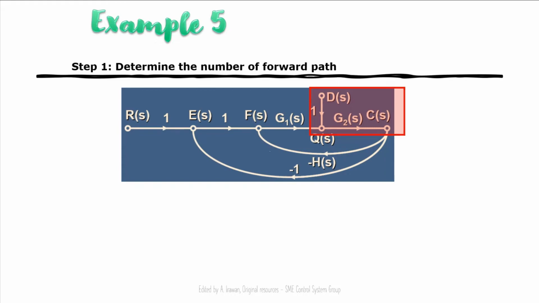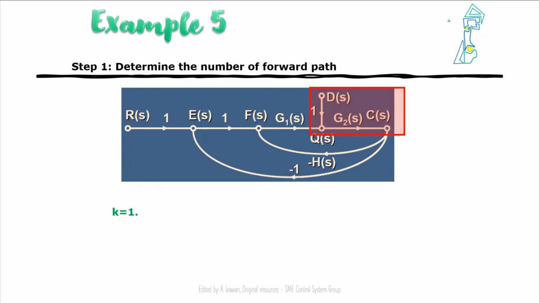Do you want to develop R(s) to C(s), or D(s) to C(s) transfer function? For this example, I'm showing you the D(s) to C(s) transfer function. So K is 1.